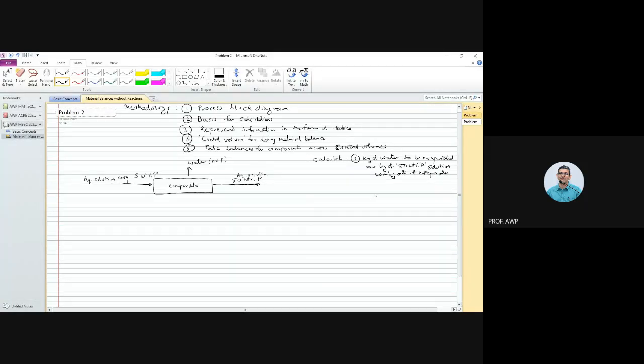Okay, is the problem statement clear? I want you to tell me how many kgs of water is evaporated per kg of this product solution. This contains 50% P coming out of the evaporator.